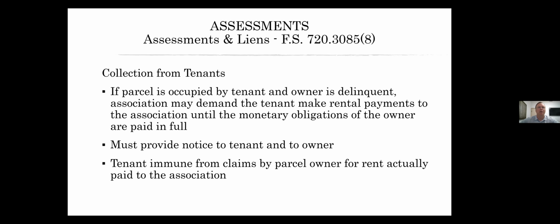If they do not pay the rent to the association, then you can actually evict the tenant. And the tenant, if they do pay the rent to the association, is immune from claims by the owner for eviction and things like that, because they followed the statutory requirement.